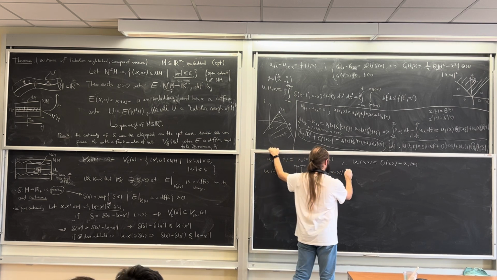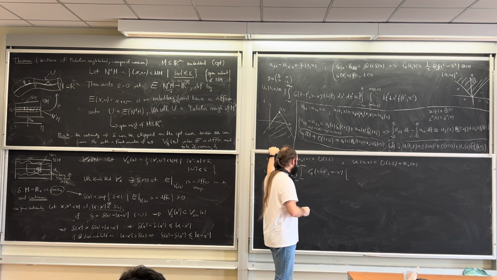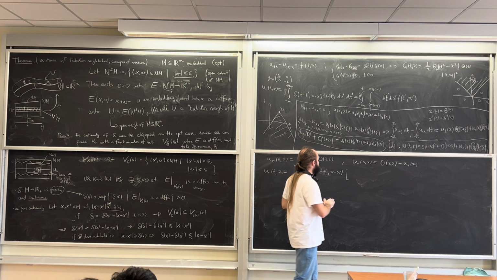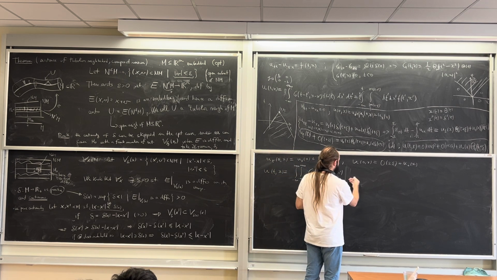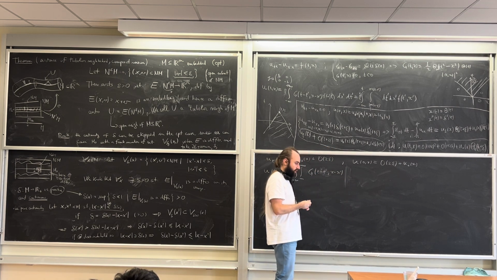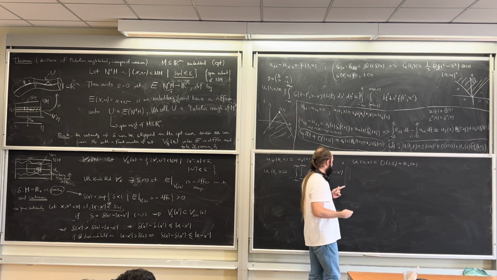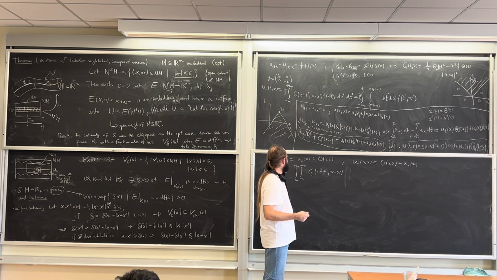And here we can take this limit epsilon to 0 actually at this moment, because we are computing this u of t x for t greater than 0.